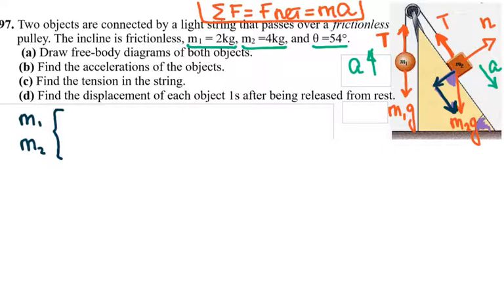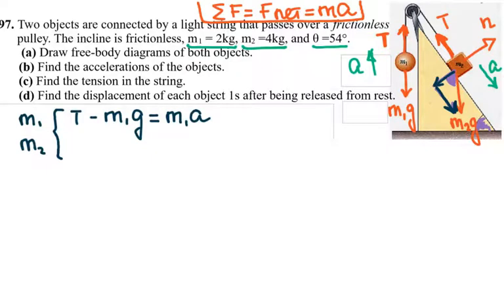For mass 1, I have the tension is up and m1g is down, and acceleration is up, so that is positive. For my second mass, the first I'm going to write with the acceleration because the other two cancel each other, the vertical ones. The normal force and m2g cosine cancel each other, or I can write it here.